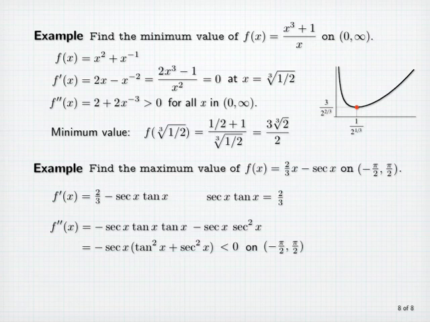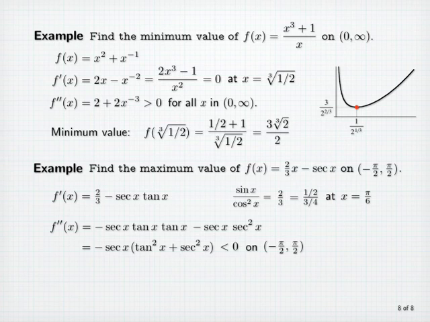And let's rewrite secant x tangent x as sine x divided by cosine squared x. Now, we can rewrite 2/3 as 1/2 divided by 3/4. We know that sine x is equal to 1/2 when x is pi over 6, and cosine of pi over 6 is root 3 over 2, so sine x over cosine squared x will be 2/3 when x is equal to pi over 6.